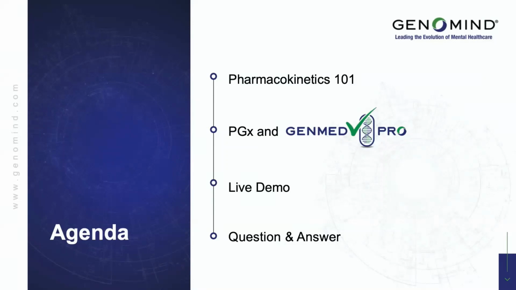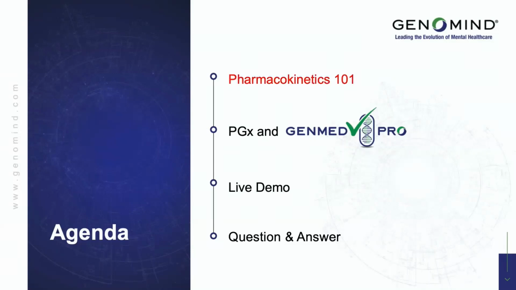We will talk briefly about what GenMed Pro is and what problem it is intended to solve. But this is the type of product where I'd rather show than tell. So we'll have a live demo of the product, and we'll do different drug scenarios to see how that looks under different scenarios. And then lastly, we'll have a live Q&A.